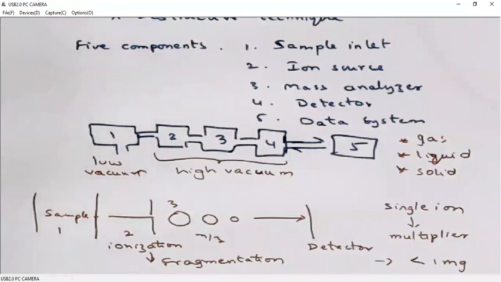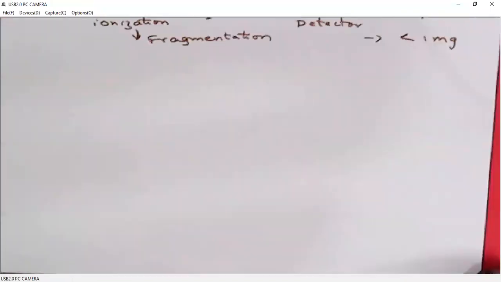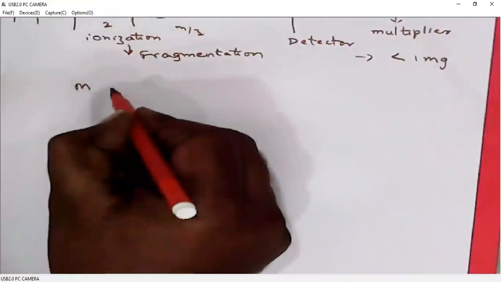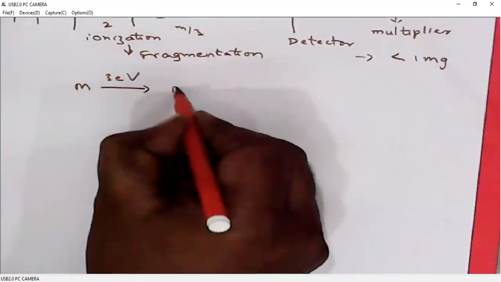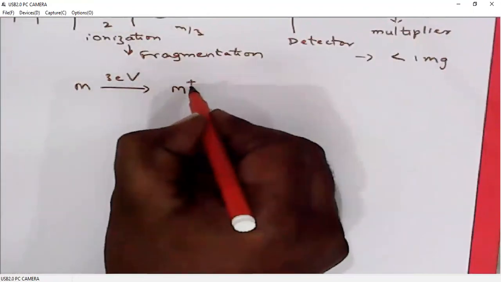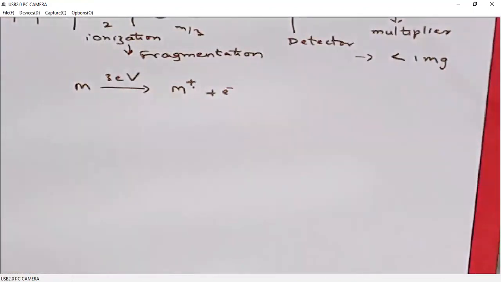Now, how will these charged particles be generated? Now we will look at that point. When a compound is supplied 13 electron volts, generally it gives out an electron because it is the ionization energy.